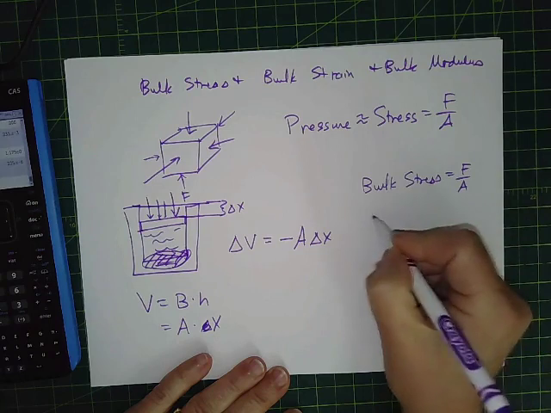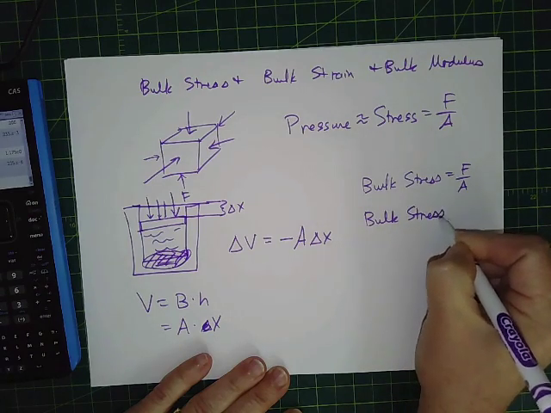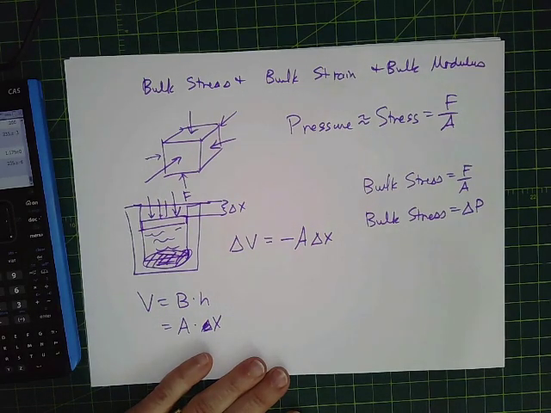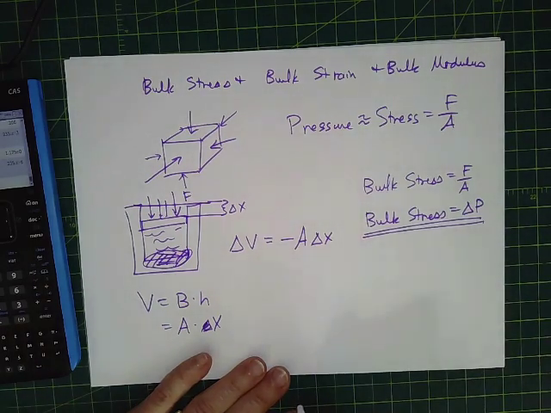In the bulk sense, we tend to call it the change in pressure actually. It's the extra applied pressure, not due to the atmosphere, but the pressure from the force on the area. So for the bulk stress, think about the change in pressure.